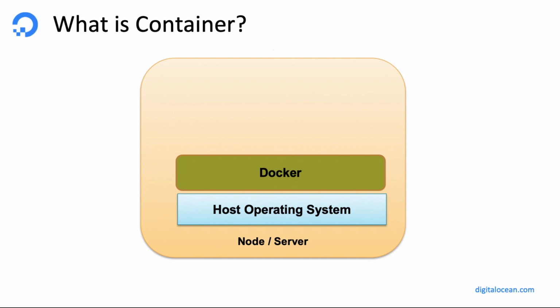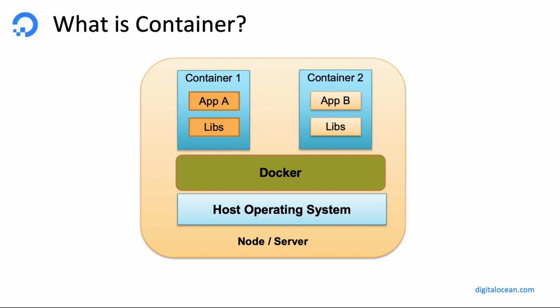So we would be installing Docker on top of our operating system, and then we can spin up containers, and containers would have the applications and would also have the libraries, dependencies, environment variables, everything captured inside this particular container itself. And you can run several other containers in the same machine in an isolated fashion so that they don't interfere with each other. So this is how a container setup looks like.